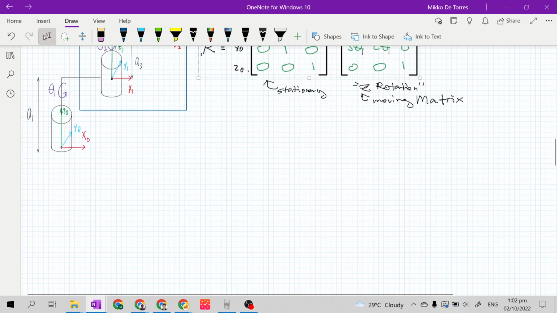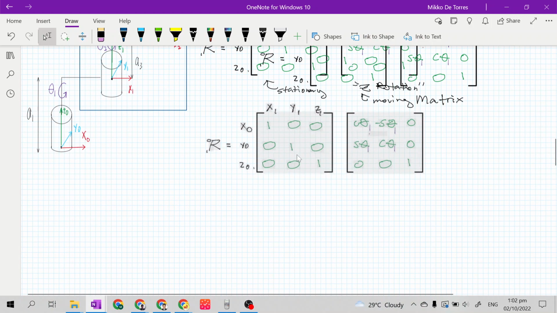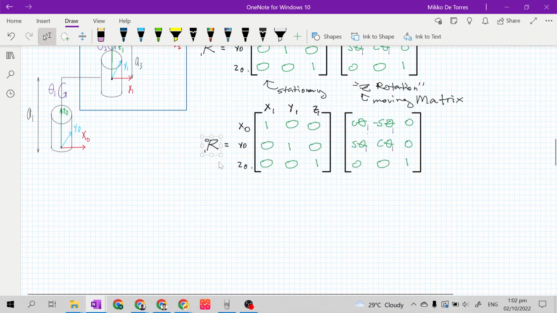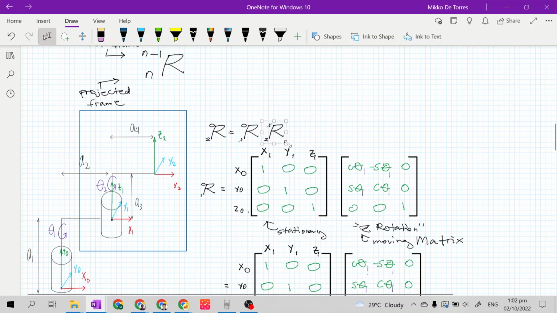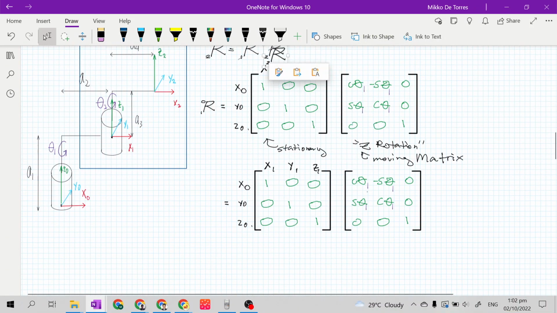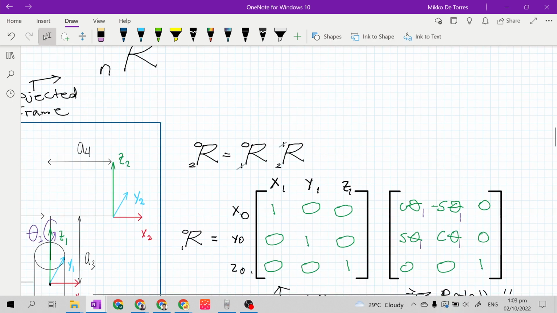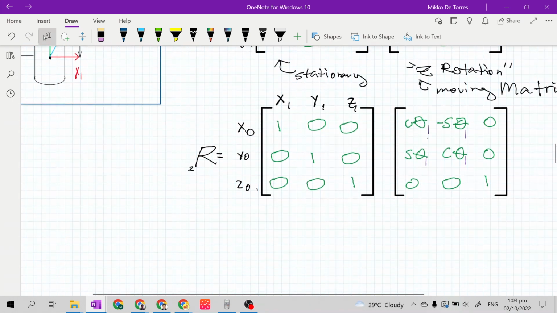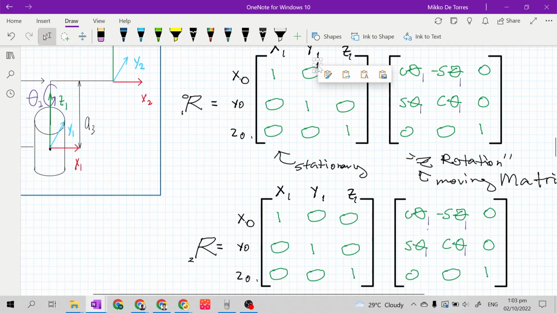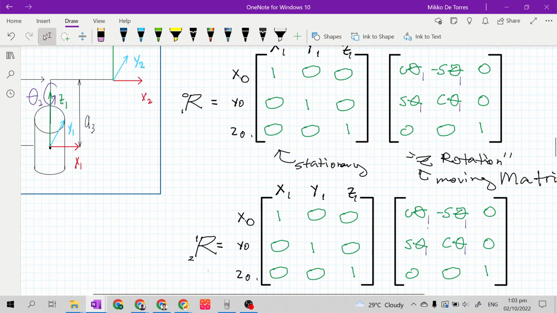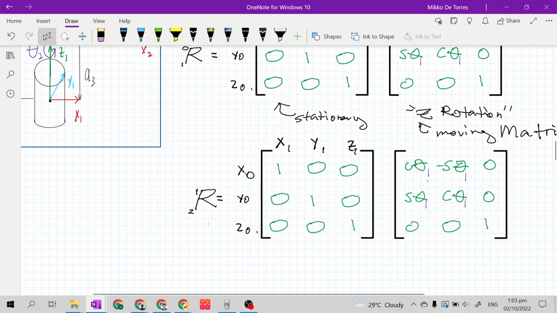And change this into R12. So we will not repeat it, for the sake of a shorter video. Then we will change our theta.